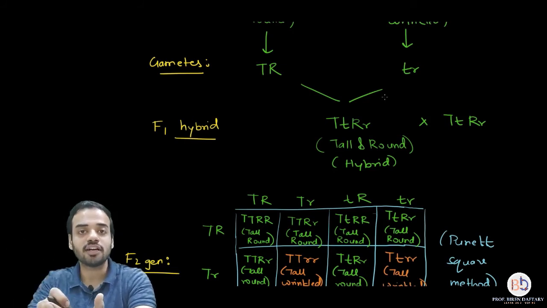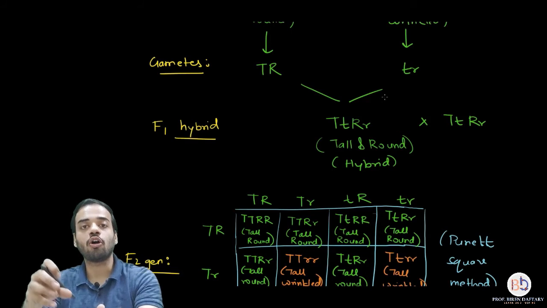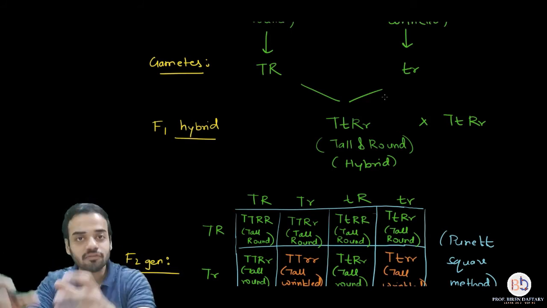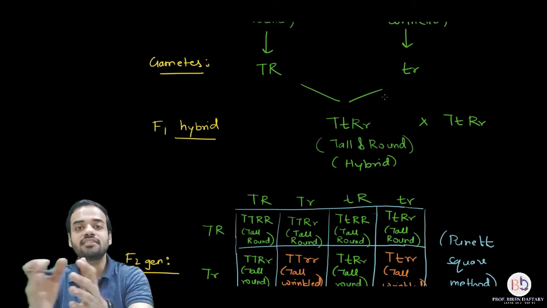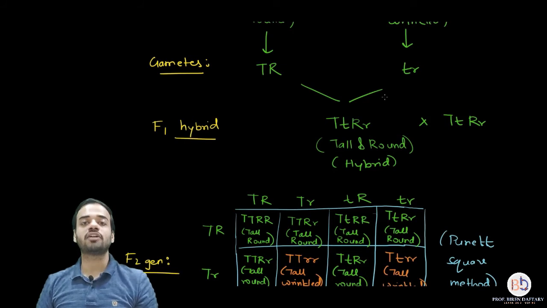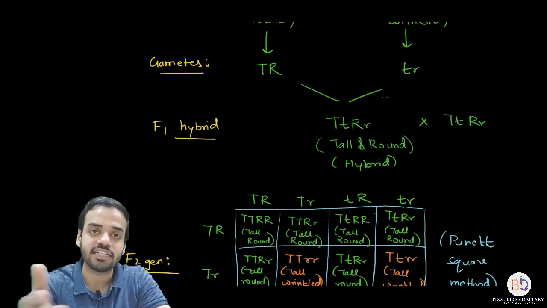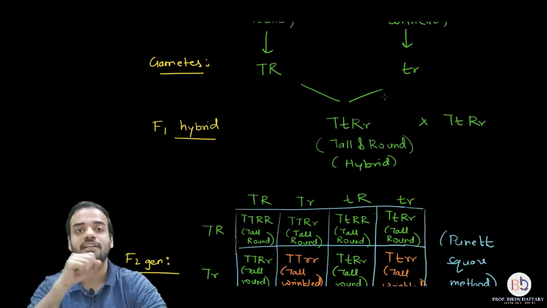So that is why it is also called the law of independent assortment of characters, wherein if you are having more than one character while doing a cross, each character is assorting independently of the other. Each character is basically forming alleles or genes independent of the other, and that is what is happening in gamete formation.